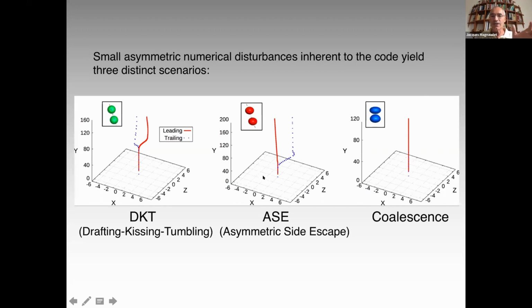Whereas in the middle here, you see what I call the asymmetric side escape regime, in which the leading bubble goes on rising along its initial path, whereas the trailing bubble at some point deviates strongly from its initial path and starts to follow a completely different path. So I will now comment in more detail on these two regimes.